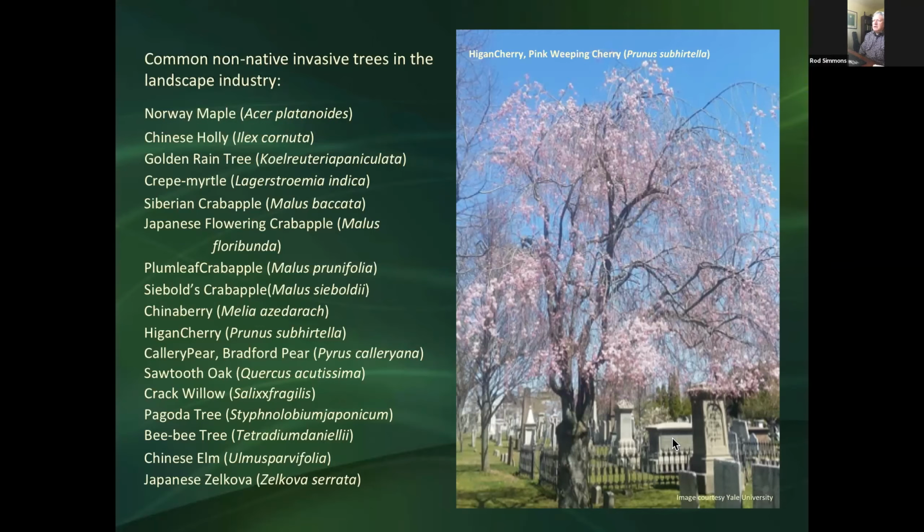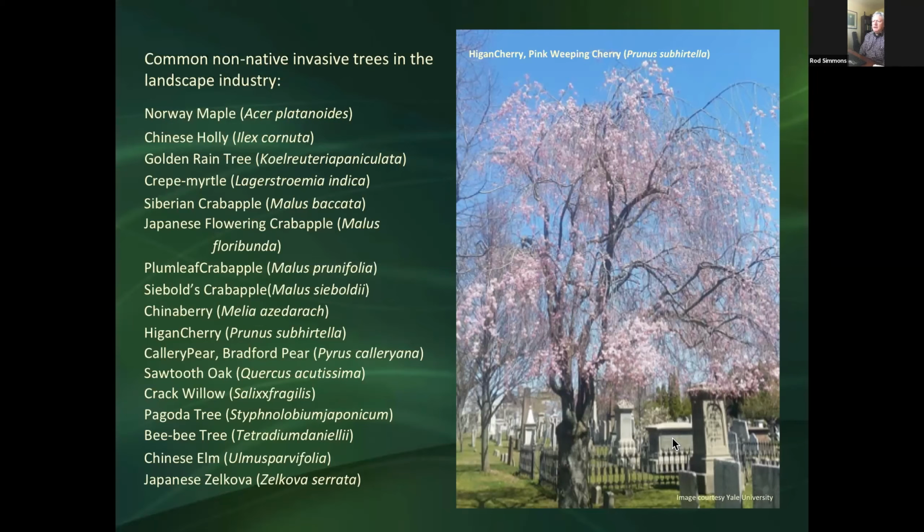Some of them are seriously invasive, like Norway maple. Of course, the Callery pear, aka Bradford pear, aristocrat pear, the Pyrus calleryana. It's a really highly invasive weed.